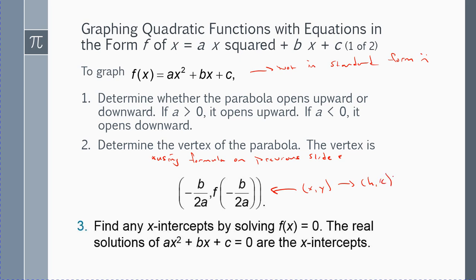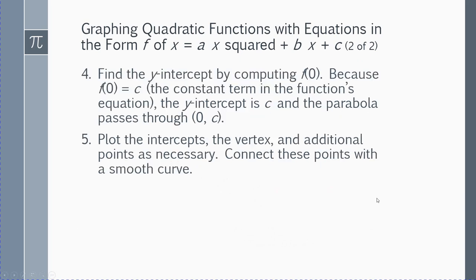Next thing you're going to do is find any intercepts by solving f of x is equal to 0. Okay, so just like I did before. So the real solutions again of this are the x-intercepts. I'll do examples so that you can see this. Again, you're going to find the y-intercept. Same way you did before, take 0, plug it in, and then you're going to plot all the intercepts you find, the vertex, and any additional points as necessary.